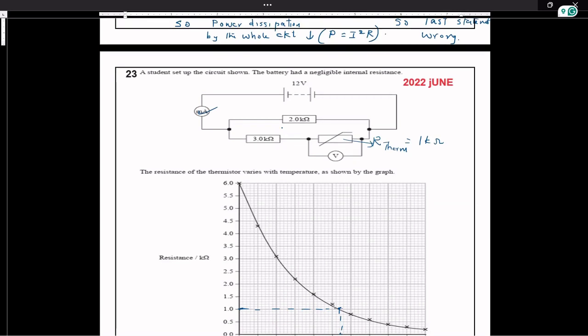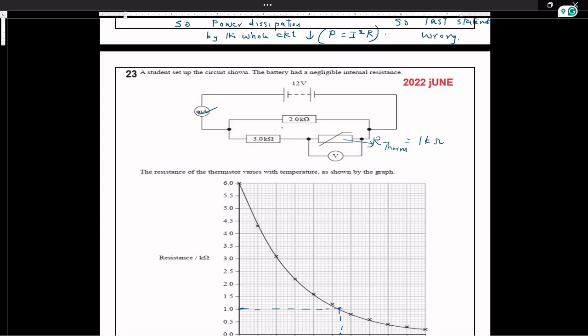The resistance of the thermistor is increasing. That means the branch current is increasing. This branch current, that is 3 plus the resistance, is increasing.